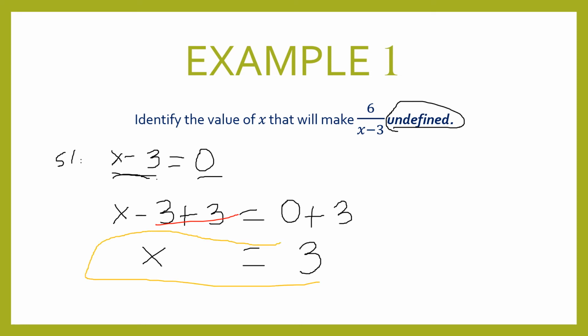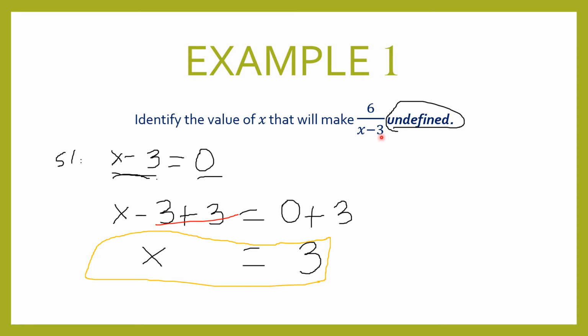So, mag-stop na ba tayo doon? So, hindi pa tayo mag-stop. Let us check. So, substitute natin si 3 na nakuha natin dito sa x dito sa ating denominator. So, pag sinubstitute natin si 3 kay x dito sa denominator, magiging 3 minus 3.